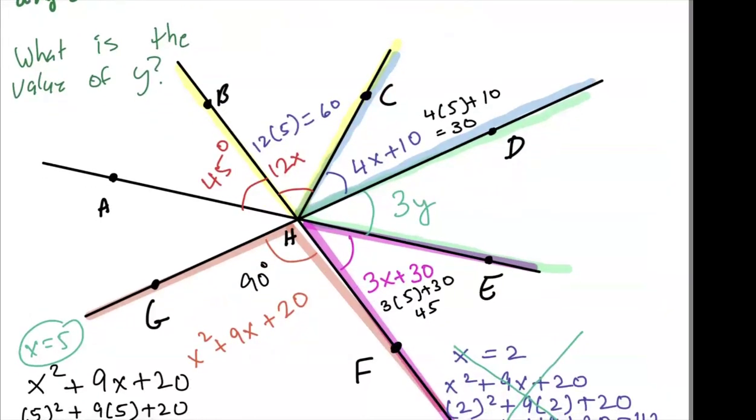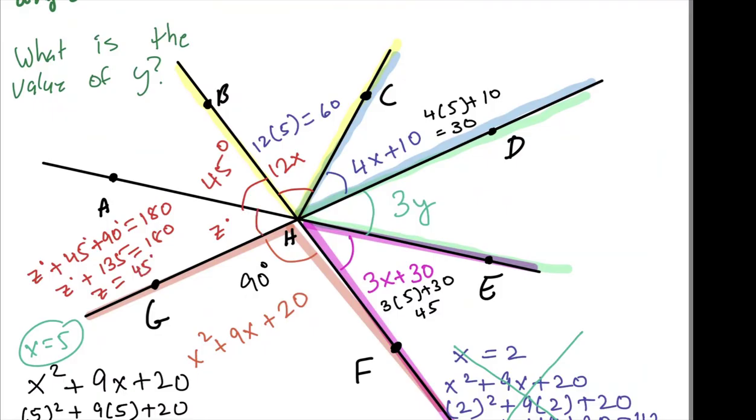Let's call it some angle, angle Z. Okay, so Z plus 45 plus 90 should add up to 180. Z plus 135, and then Z is 180 minus 135, which is 45.